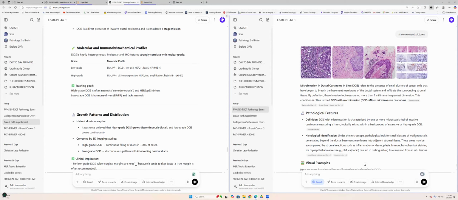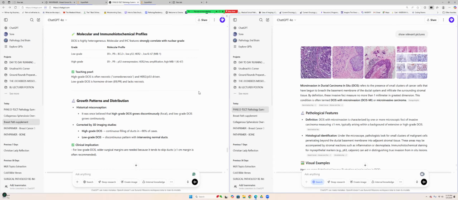What of high-grade DCIS based on what we have here? ER/PR negative, luminal B, ER/PR negative, HER2 amplification. What else? High Ki-67, high proliferative index, P53 overexpression and all that.